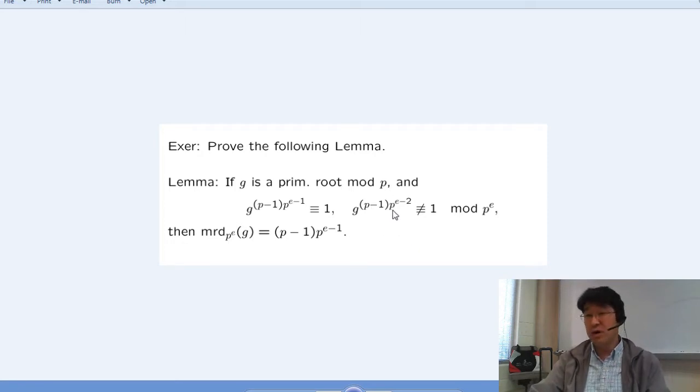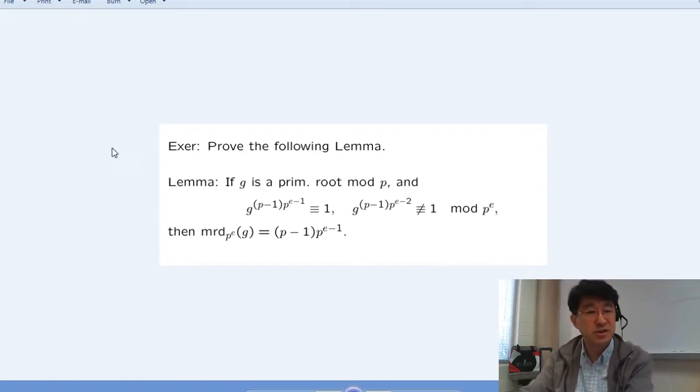If you lower this power by 1 factor, and if you have the fact that it's not 1 mod p to the e, automatically its order is the full order, it is the primitive root, right? But this time it uses g being a primitive root mod p. So I want you to take this condition or the other condition and reduce it, go down to mod p, not p to the e.